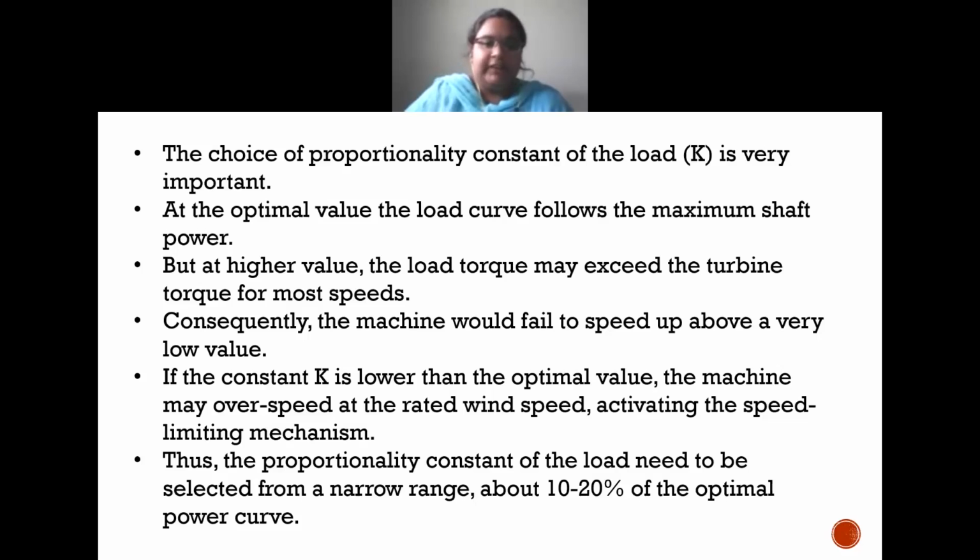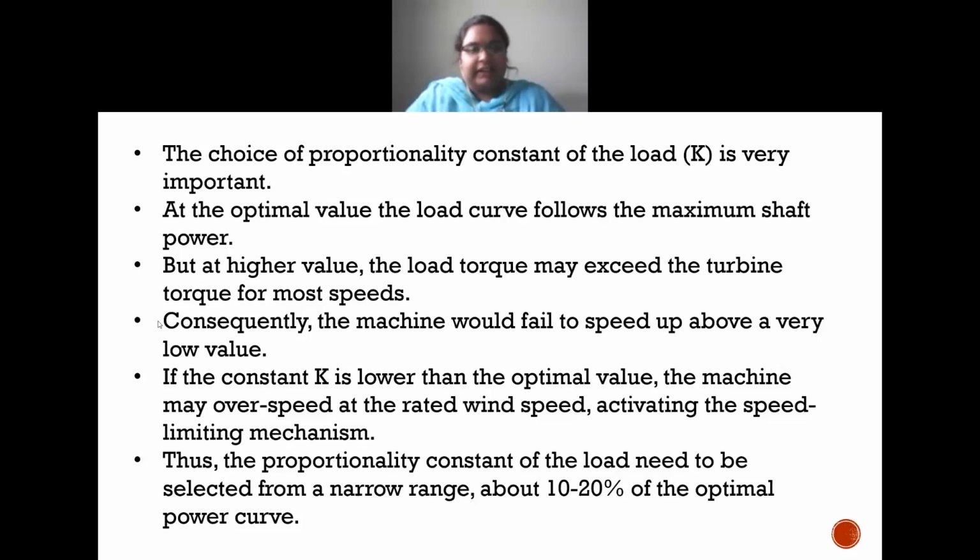Now at the optimal value, the load curve follows the maximum shaft power. It will just be coinciding with the shaft power curve, that's all.